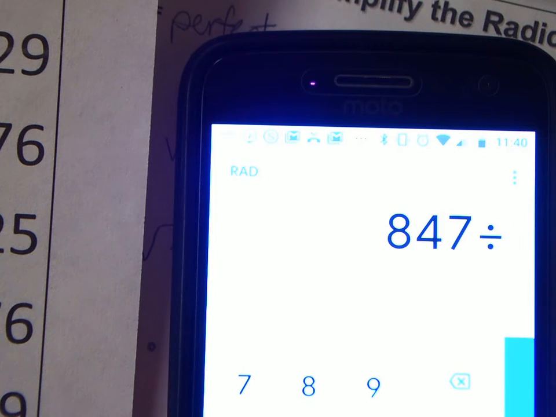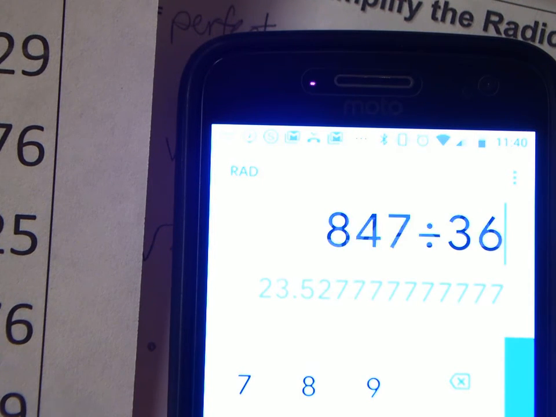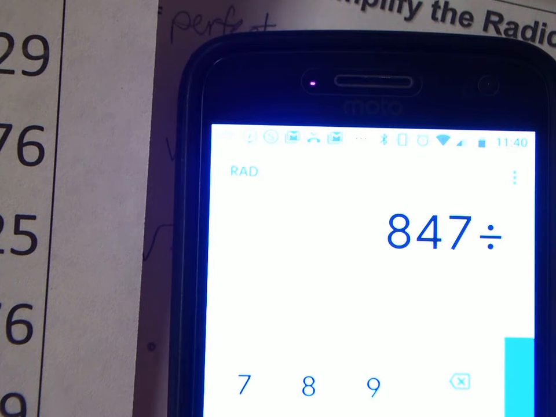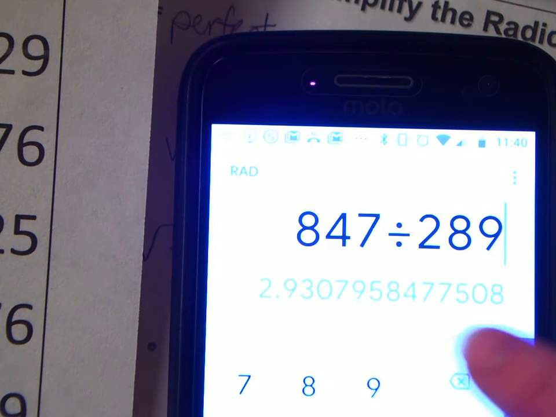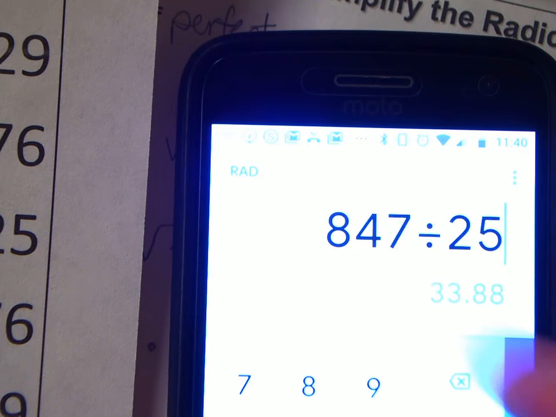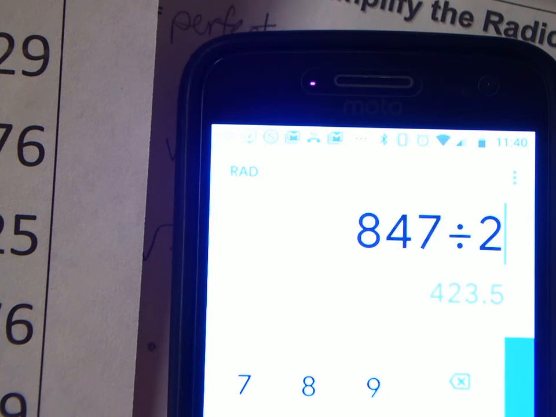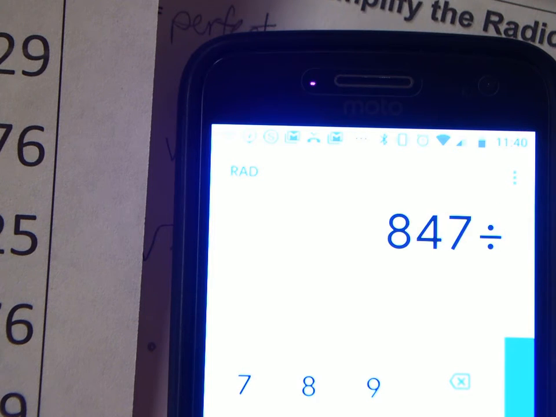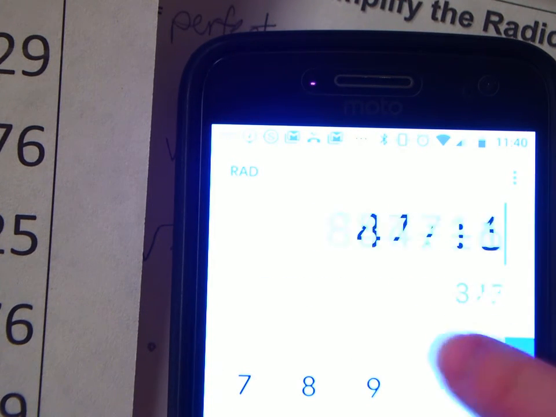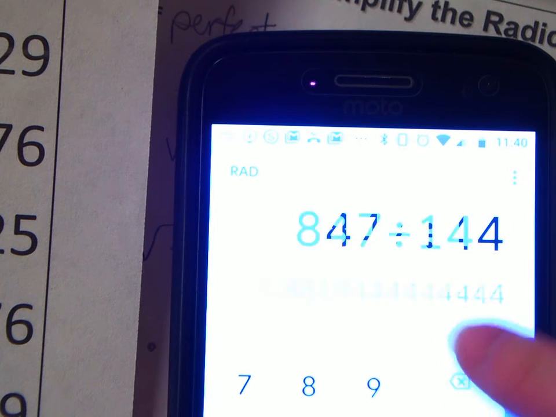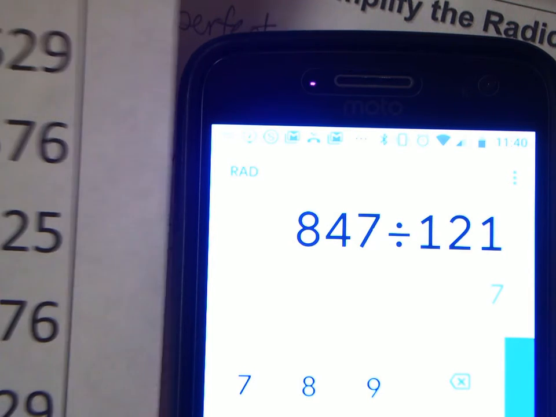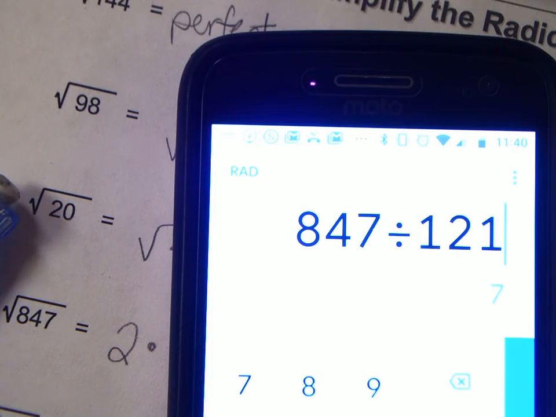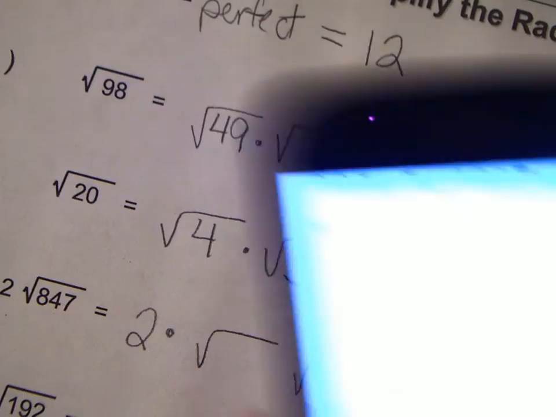Go to 400 on the list, it's a decimal. 361 is a decimal. 324 is a decimal. 289 is a decimal. 256 is a decimal. 225 is a decimal. 196 is a decimal. 169 is a decimal. 144 is a decimal. 121 is a decimal. There we go. So 121 does not give me a decimal. It's my first one. So it's 121 and 7 was the result my calculator gave me.